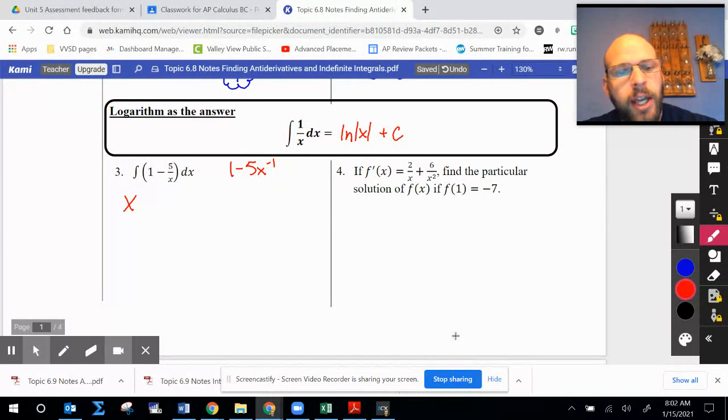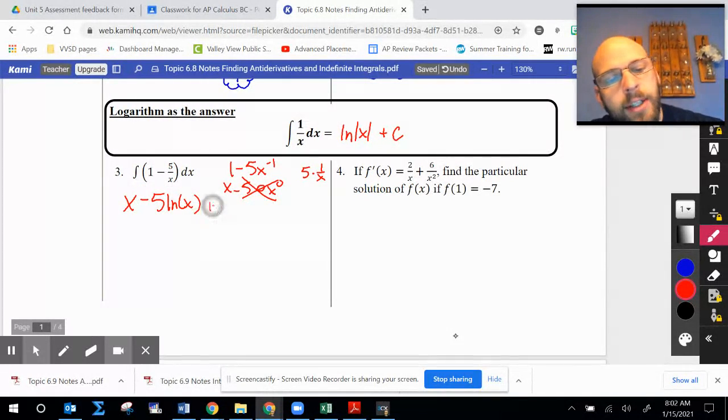Do you see how this is x to the negative 1? If you were to try to do a power rule here, I'm going to get x to the 0 times 0. It's going to make this whole term go away, and that's not what I want. In this case, I'm going to think about it as 5 times 1 over x, which would be minus 5 natural log of x, and then you have to have your plus c at the end.